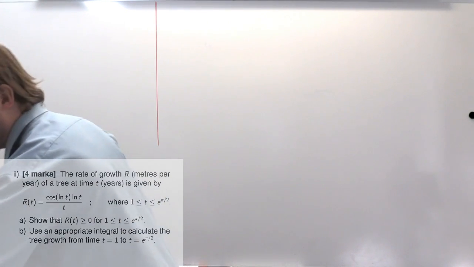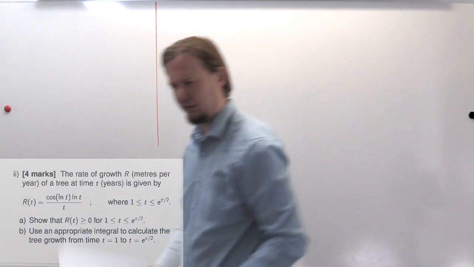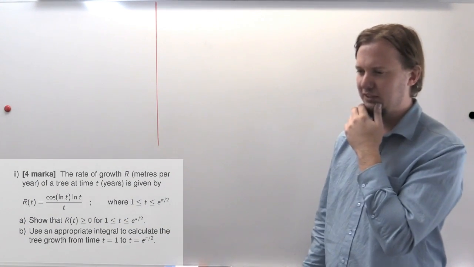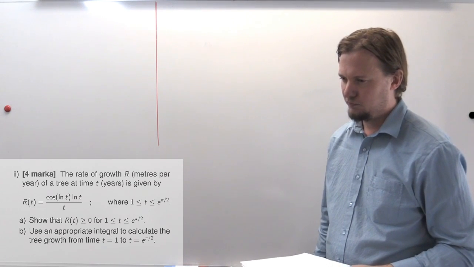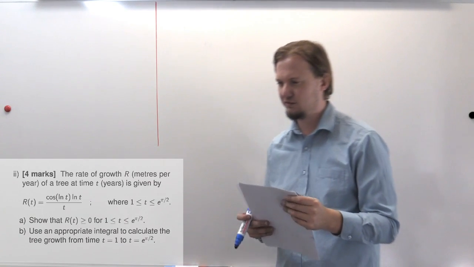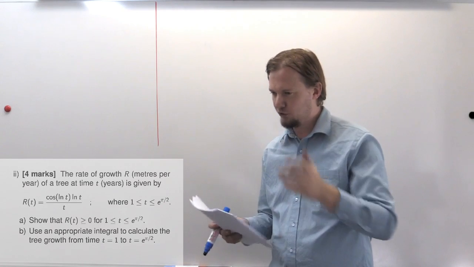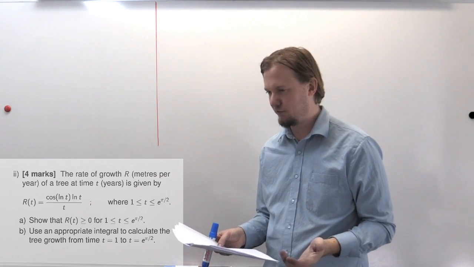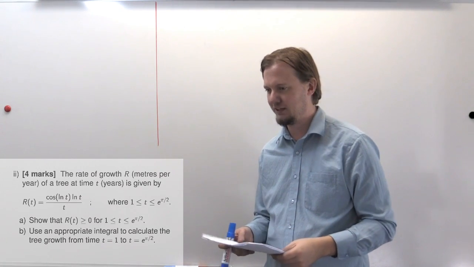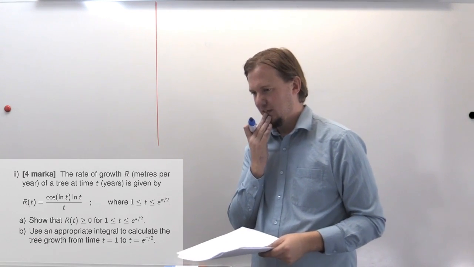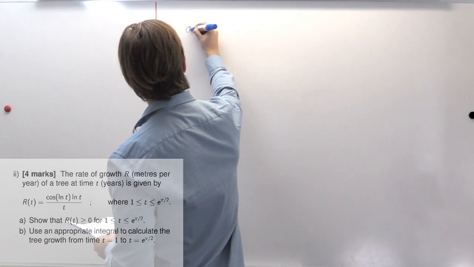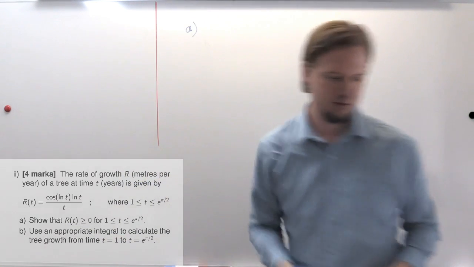What makes this question tricky, I think, is this integral does look more complicated than it really is. So the first part is, show that this model predicts positive growth rate for the time provided.